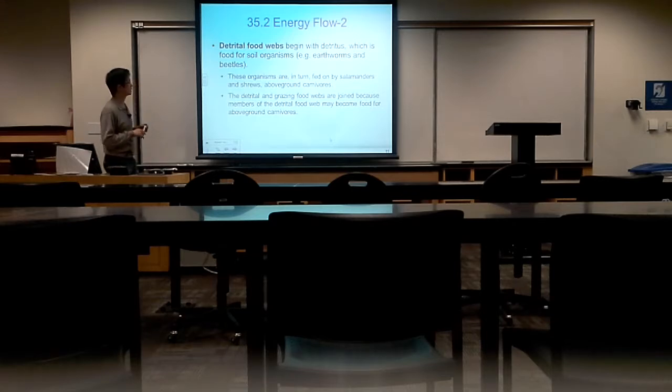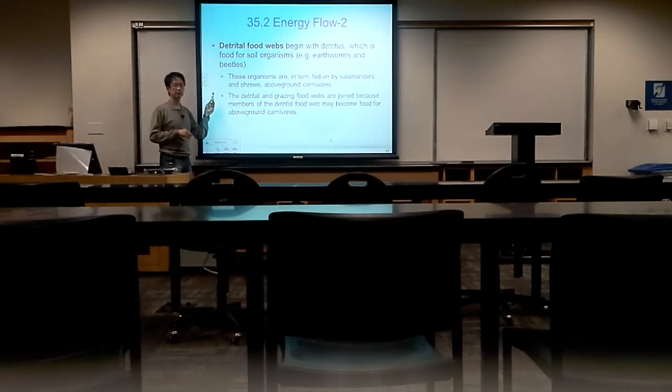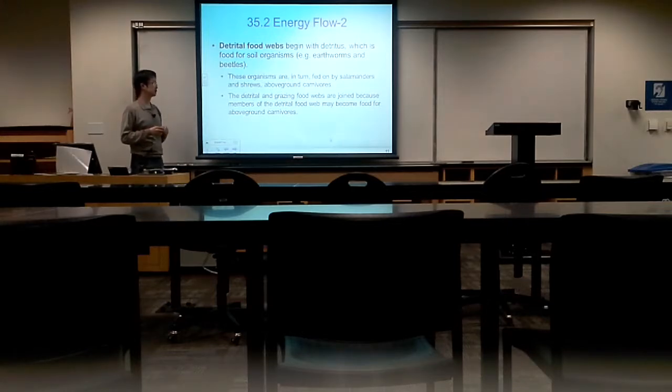We have detrital food webs. A detrital food web, as the name suggests, consists of detritus. So these earthworms and beetles can be fed on by salamanders, shrews, or other carnivores. So the detrital food web and the grazing food web are joined because a member of one food web may be a member of the other. So they are interconnected.